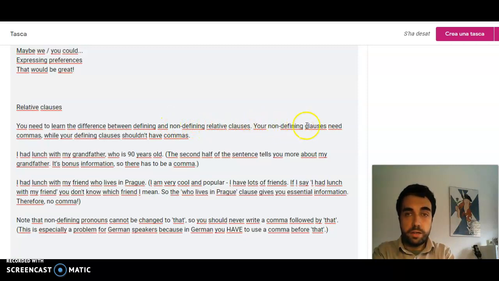Your non-defining relative clauses need commas, while your defining clauses shouldn't have commas. So, I had lunch with my grandfather, who is 90 years old. The second half of the sentence tells you more about my grandfather. It's bonus information, so there has to be a comma.